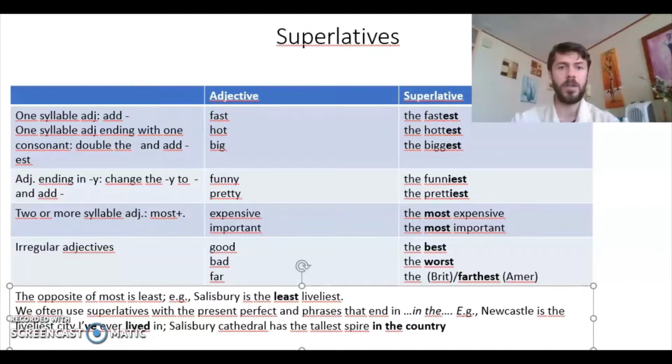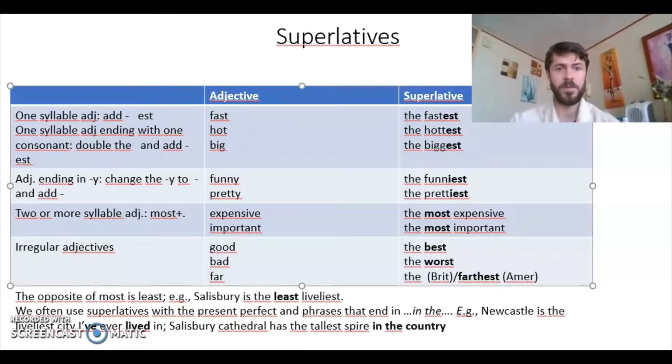So let's look at those rules more fully. First, one syllable adjectives. What do we add? One syllable, fast, the fastest. So we add est.